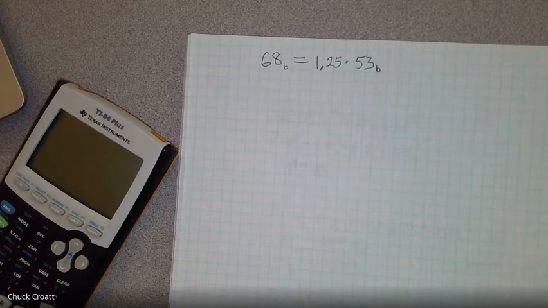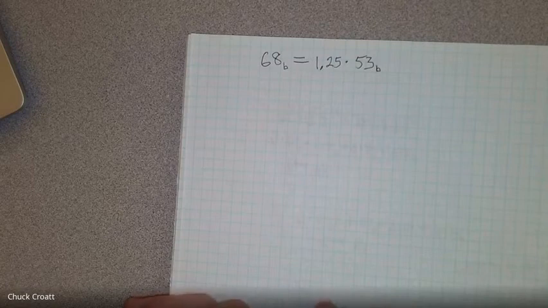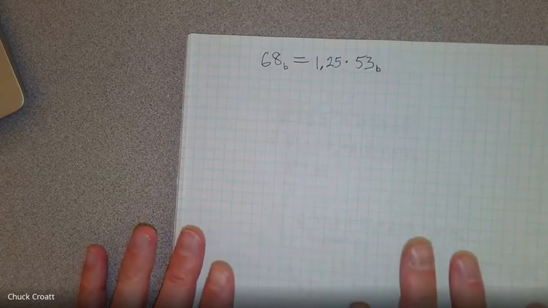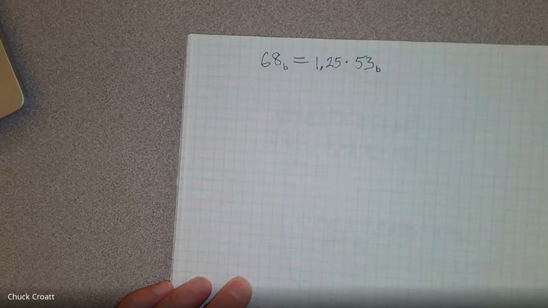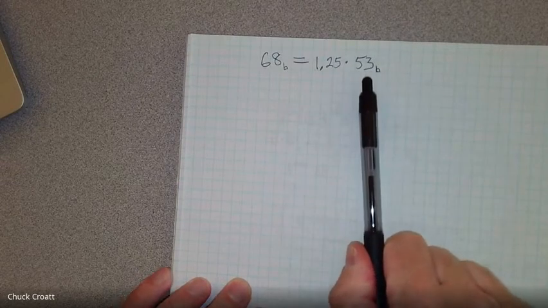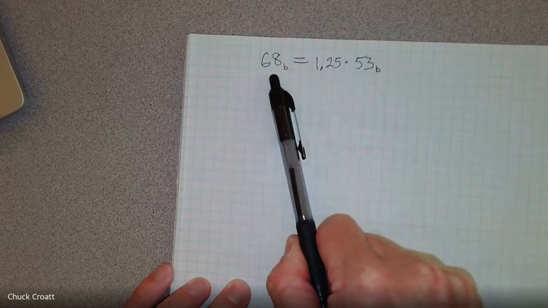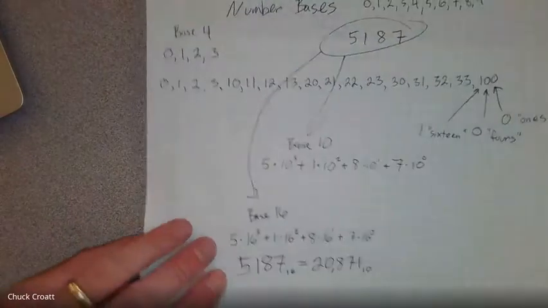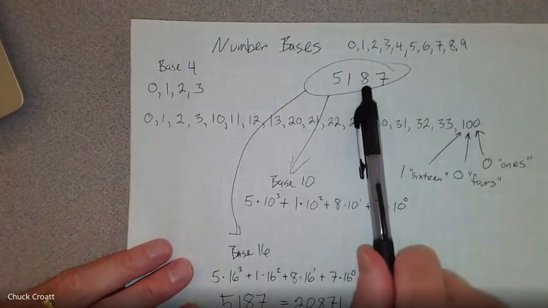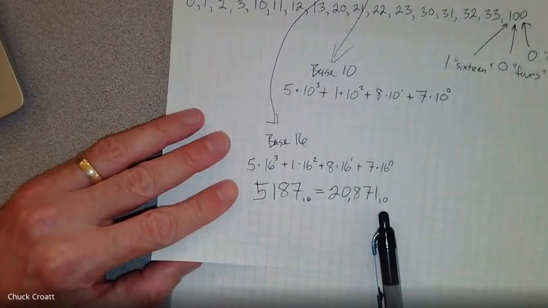And so the way I would approach something like this is similar to what I was doing with the previous one. I was a little bit scared because I think if this is a 3-digit number, this problem gets significantly more difficult. But I'm going to represent these numbers similar to how I was representing 5,187 in base 10 versus base 16.